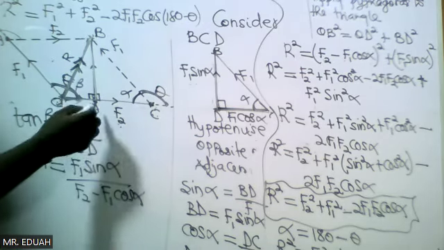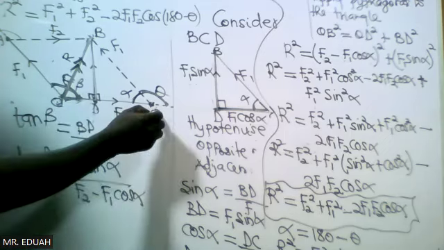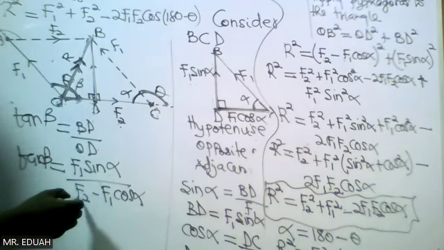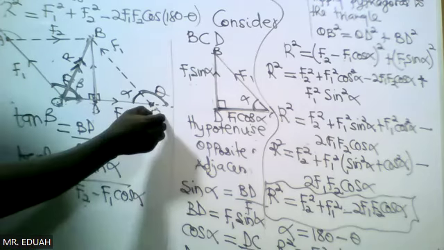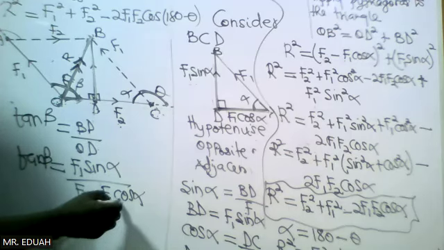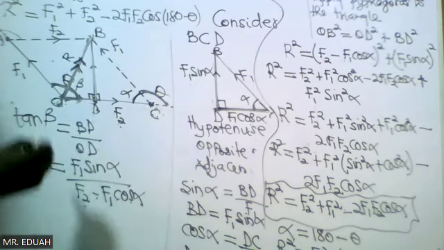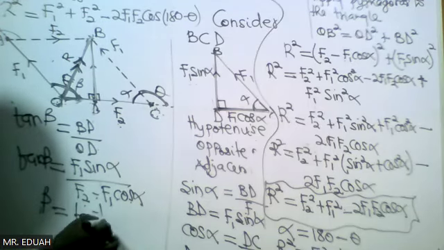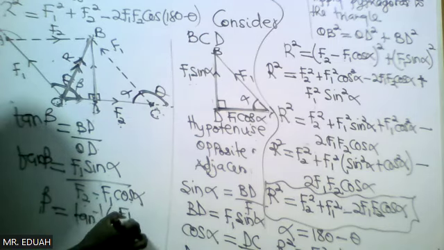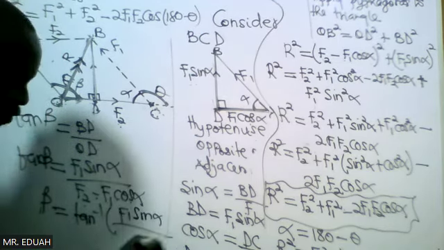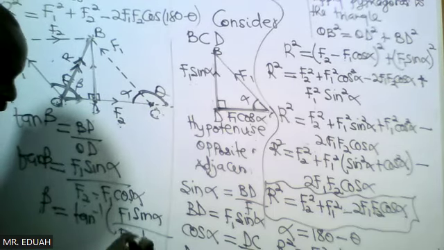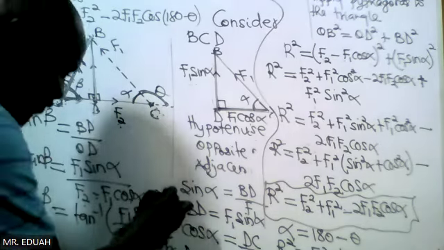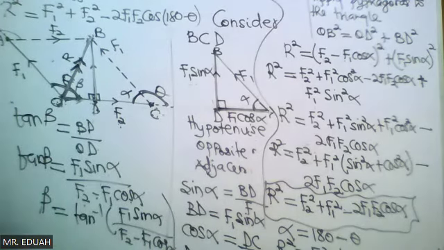Don't forget we subtracted DC from OC to get OD. So OD becomes F2, which is OC, minus F1 cos alpha, which is DC. So when we take the tan inverse of F1 sine alpha over F2 minus F1 cos alpha, we have the direction. This is how to determine the direction of the resultant.